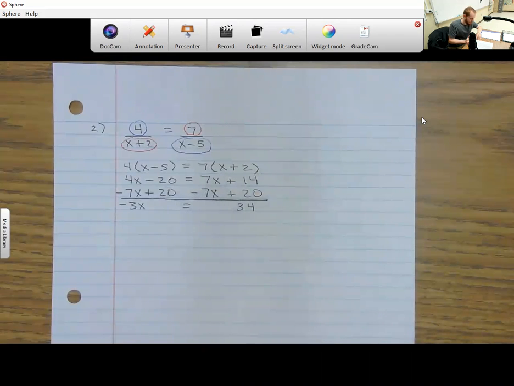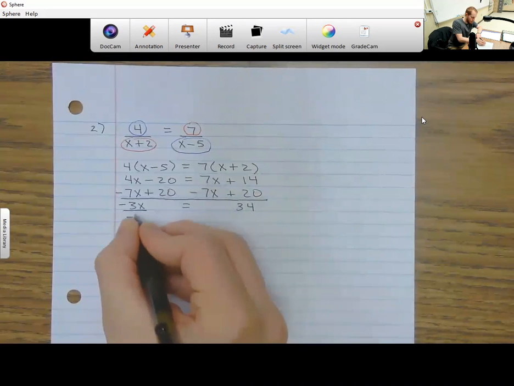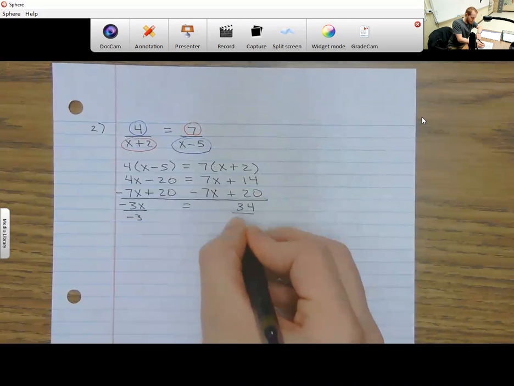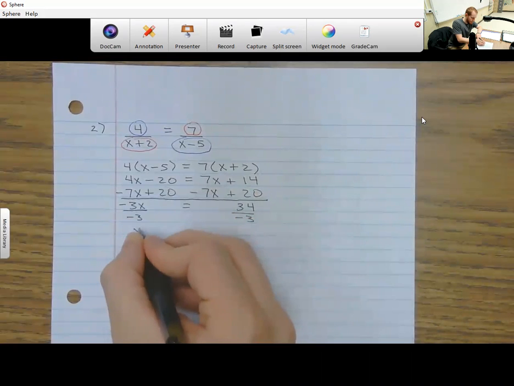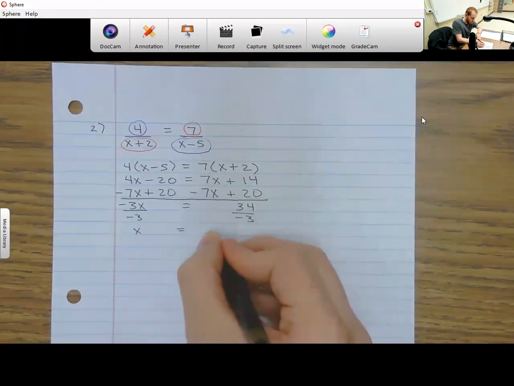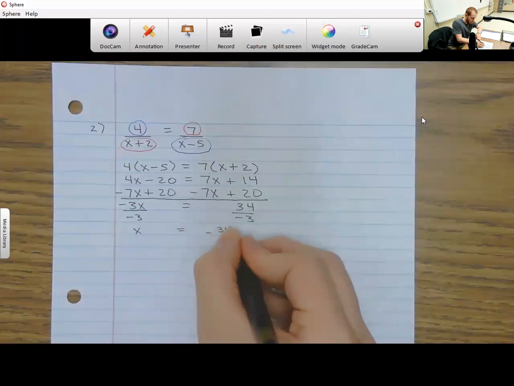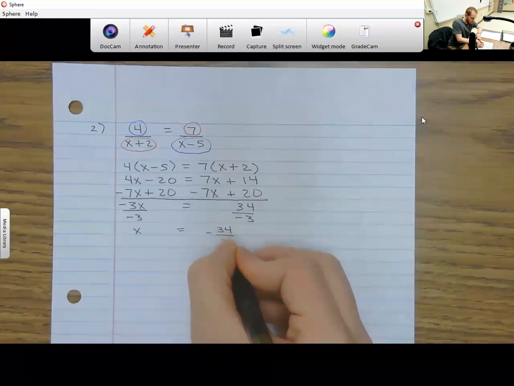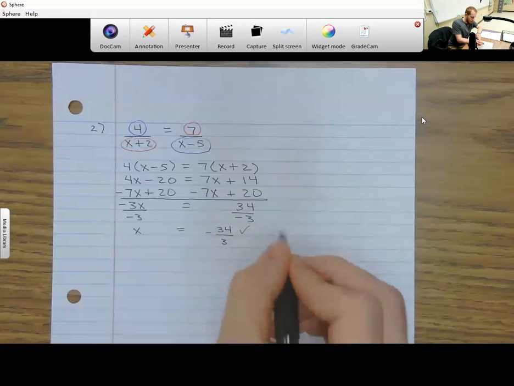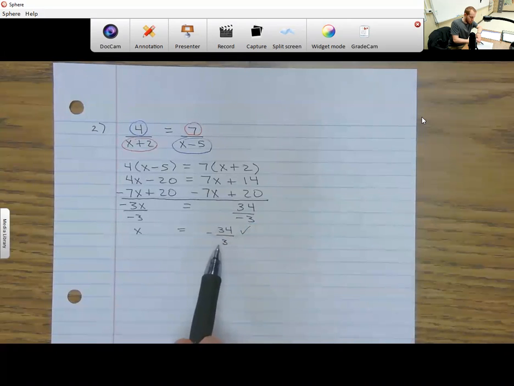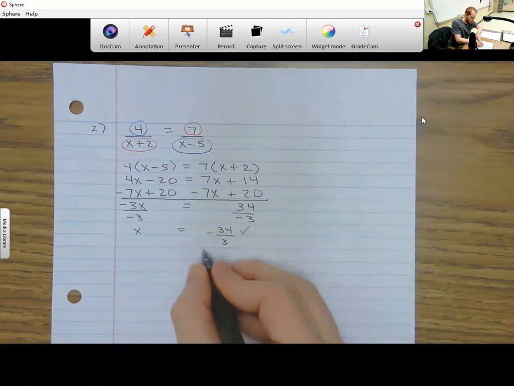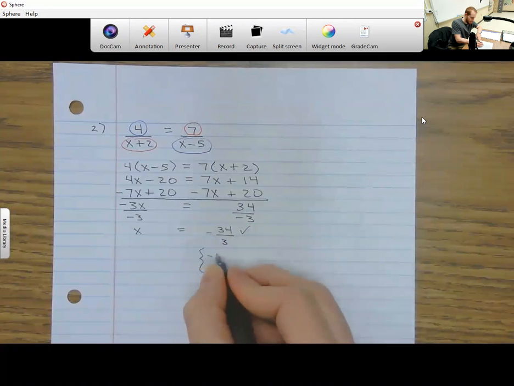Now the last thing I have to do is divide by negative 3. And I get x equals negative 34 over 3. Now notice I can't reduce this, so I have to keep it as a fraction. So in my solution set, I'm just going to have negative 34 over 3.